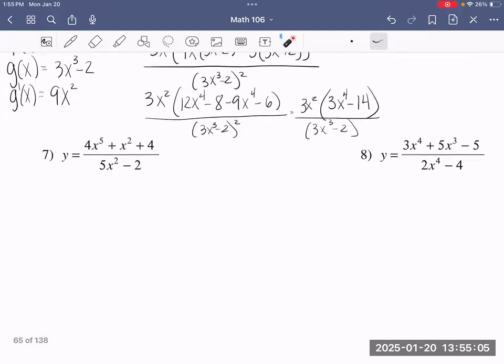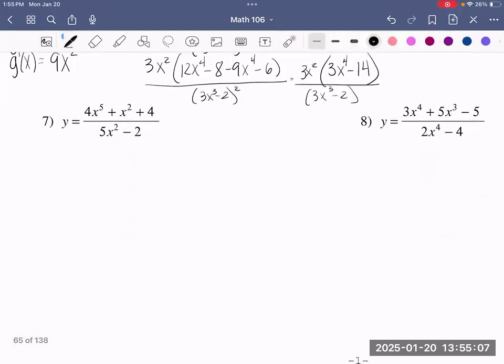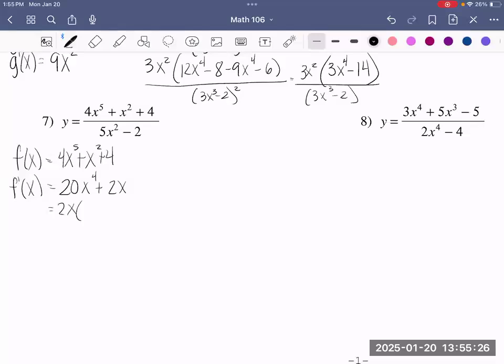All right, let's do it one more time with number 7. And you'll notice here, I might actually go ahead and factor first if I already see that they have something in common. So I can take out things to start. There we go.